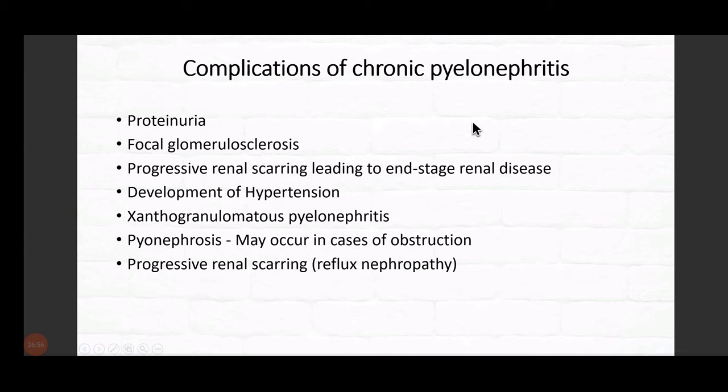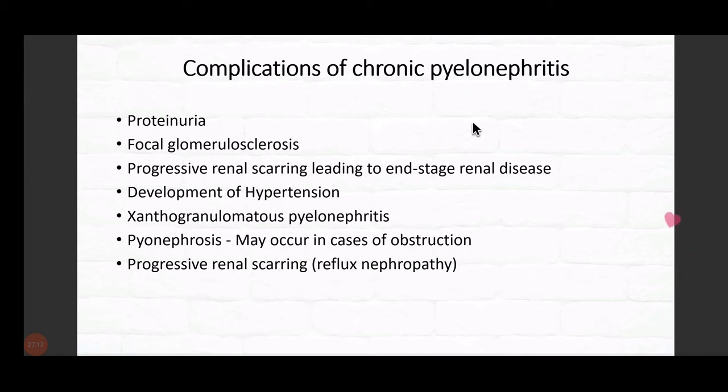In chronic pyelonephritis, there is a progressive kidney damage because of the repeated infection. What can happen? The loss of function can give rise to proteinuria. There can be glomerulosclerosis. End-stage renal disease, that is, kidney function is compromised, and a patient may require dialysis at an early stage.